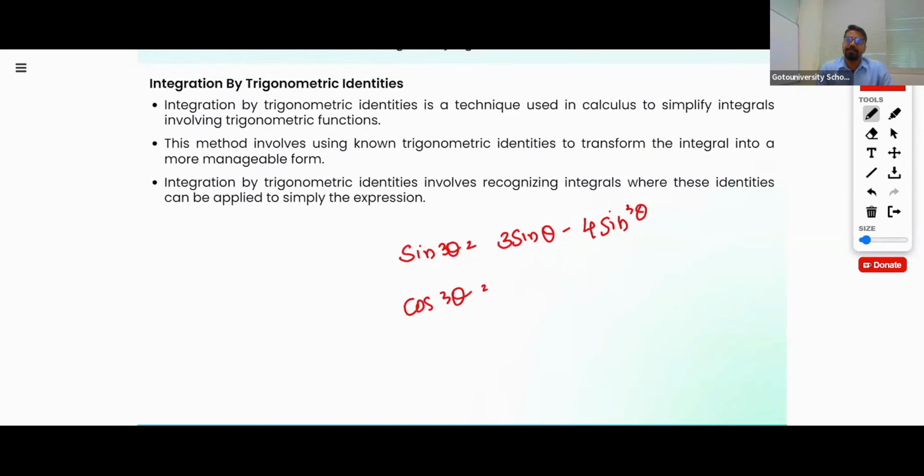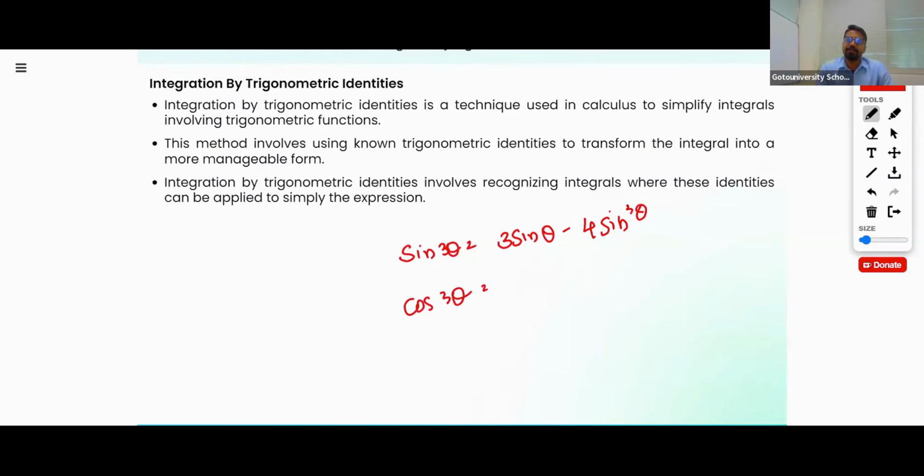Isn't it? So our answer will be divided by 2 further. The final answer is x by 2 plus sine 2x by 4 plus arbitrary constant c.